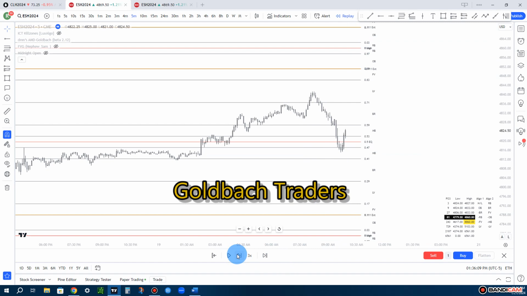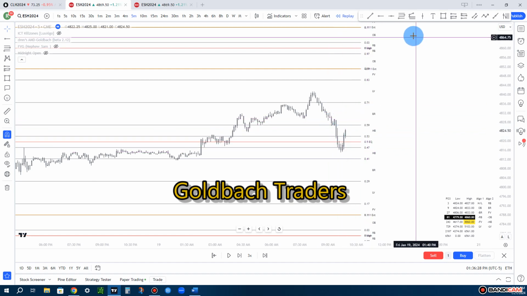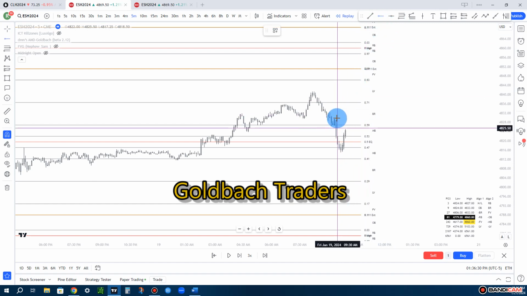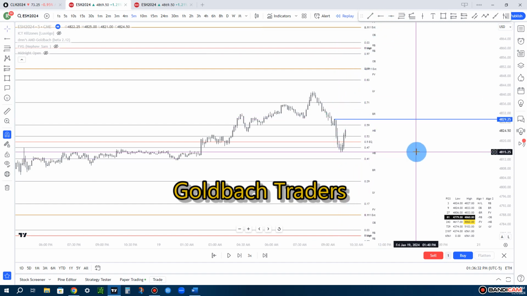Okay. Now there definitely is a block that formed here, and you can see that the opening of this candle, this one here, has respected the line on the mitigation block. So what I'd like to see in this mitigation block is for it to at least break this high. It doesn't need to close above it, but just break it.